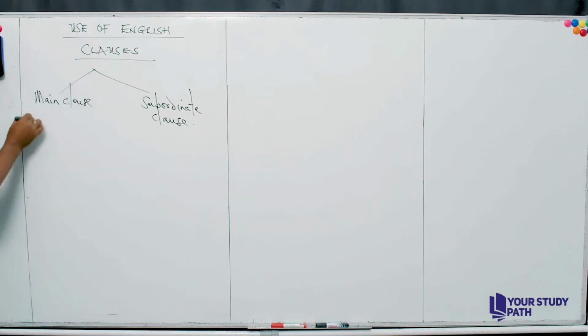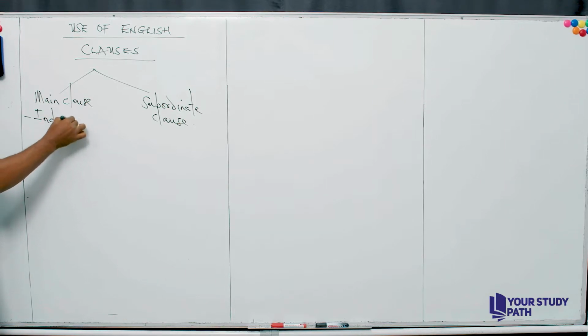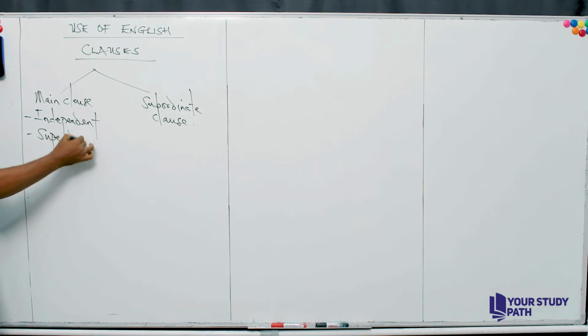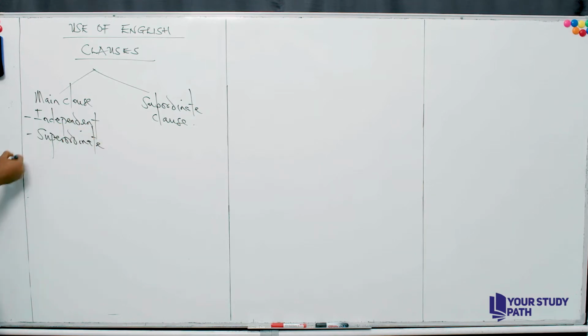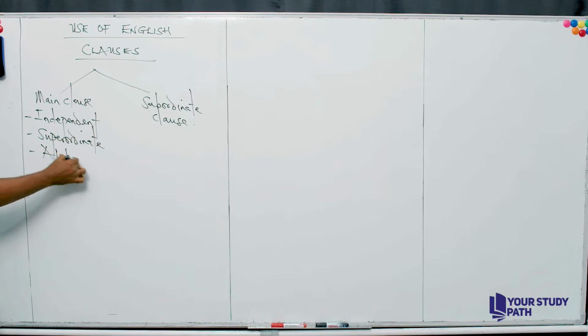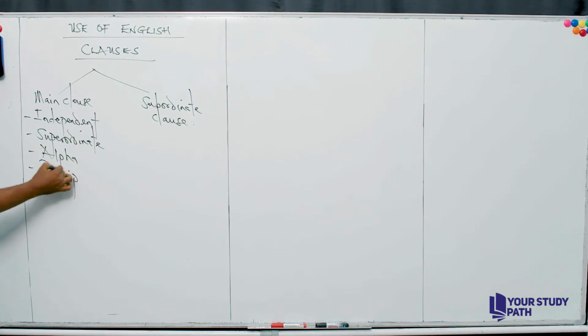Now remember, the main clause is otherwise known as the independent clause, or the superordinate clause, or the alpha clause. You can also call it the alpha clause, the principal clause.